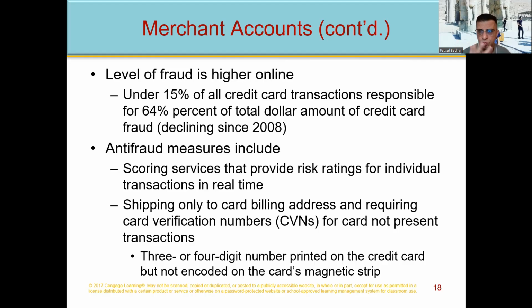We'll explain how, for example, RBC does it. Shipping only to the card billing address and requiring a card verification number, CVN, for a card-not-present transaction. It is a 4 or 3-digit number printed on the credit card, on the back or in the front, but not encoded in the card magnetic strip, so nobody can copy it.